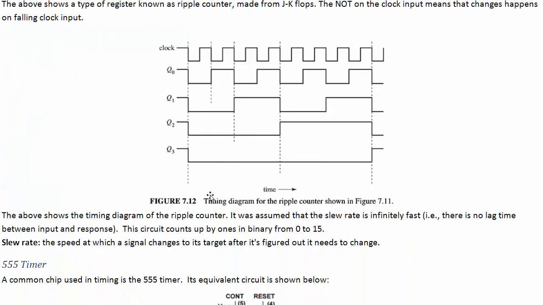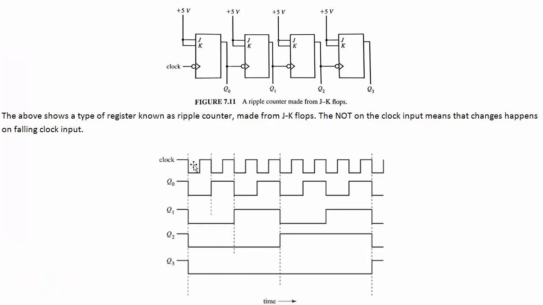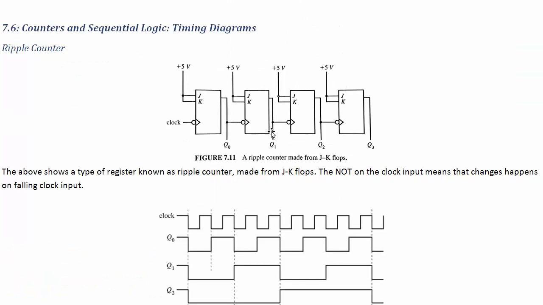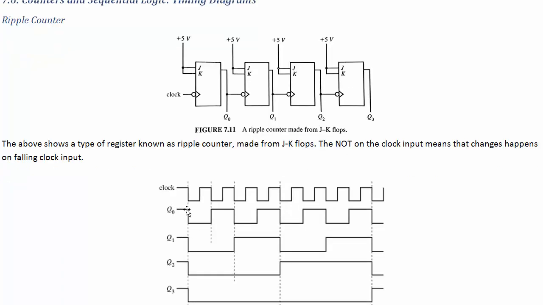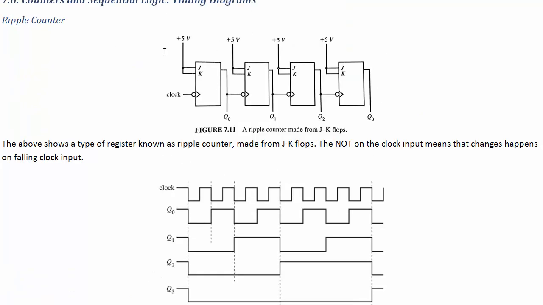In fact, you can tell that what would really happen is there's some time for the signal change to propagate through each flip-flop. So after the clock pulses, even though we've drawn it as if the clock pulses down and then this goes down immediately after, in fact, this would go down some small amount of time later based on the slew rate of these flip-flops.